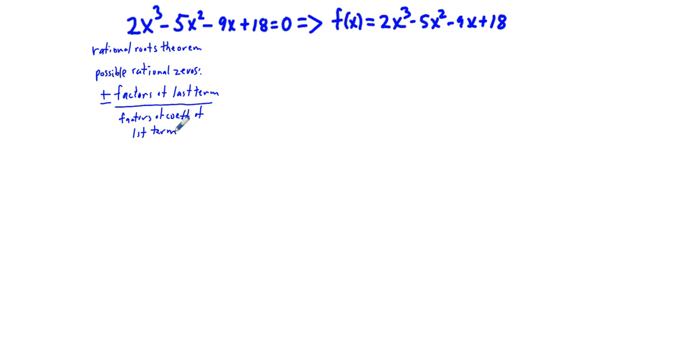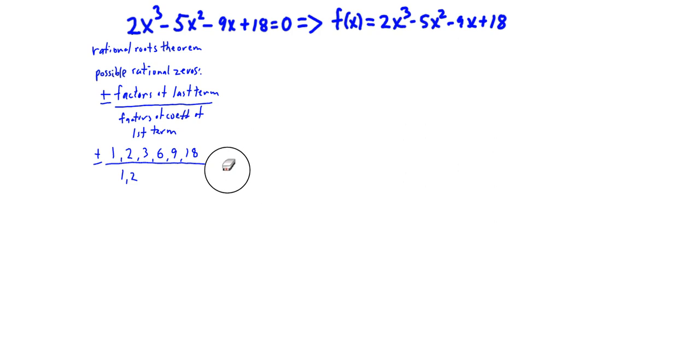In the case of our equation, we will have plus or minus factors of 18, which is our last term. So that's plus or minus 1, 2, 3, 6, 9, and 18. Then in the denominator, we have the coefficient of the first term, 2, so factors 1 and 2.